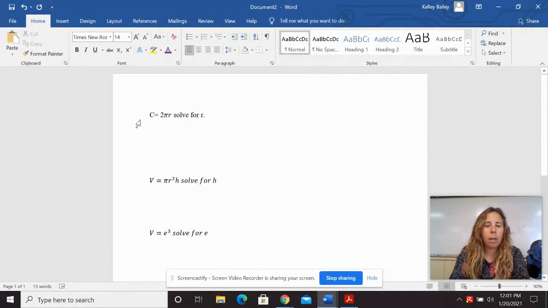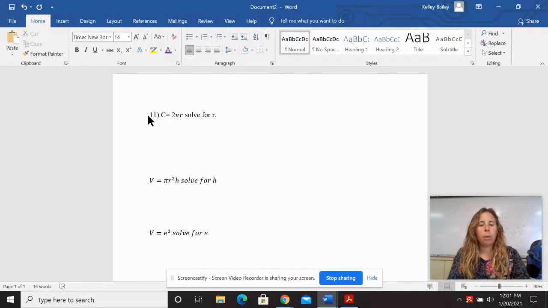Here we go. So this is number 11. It says solve for r. So you want to get r by itself. Right now you have C equals 2 pi r. Hopefully that sounds familiar. That is the formula for the circumference of a circle. But anyways, you don't really need to know that right now.